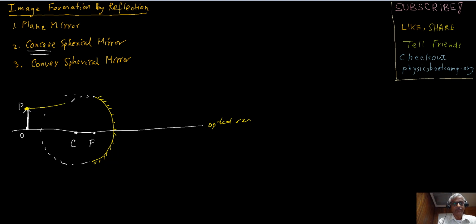You can see from here, any ray from this point, any ray in that direction, there are an infinite number of rays that will strike the mirror, and we can use any of these rays to figure out where the image will be.